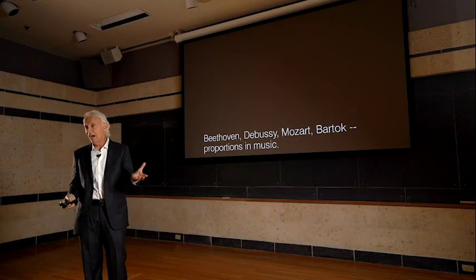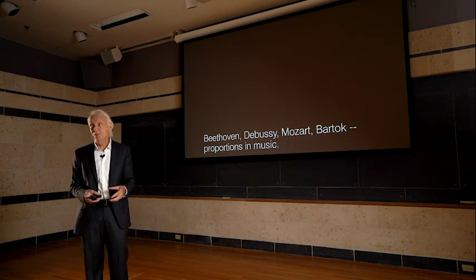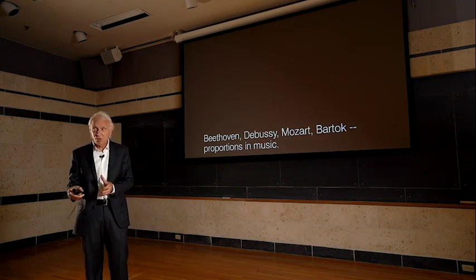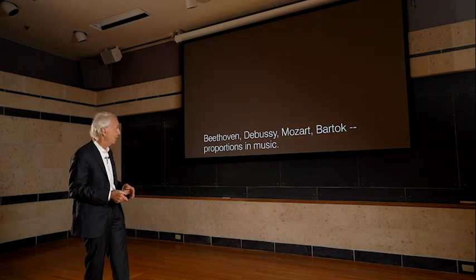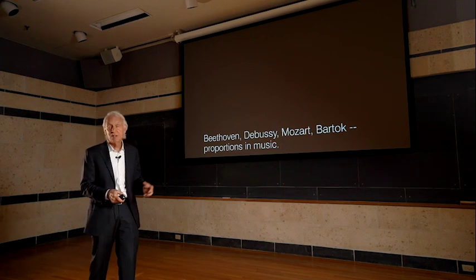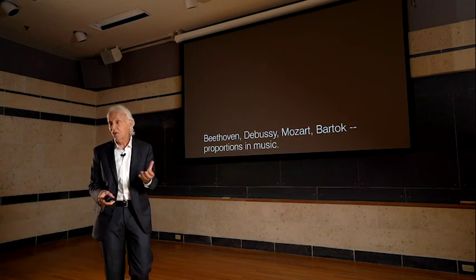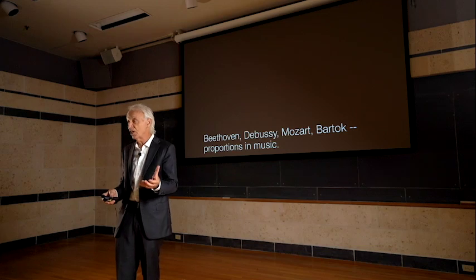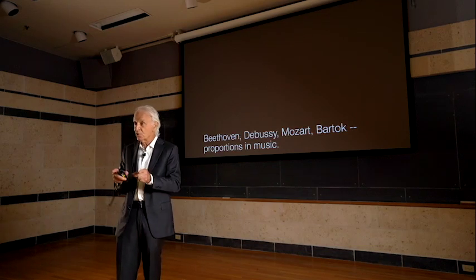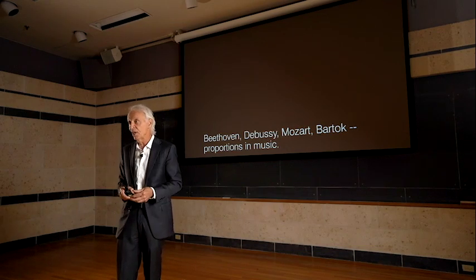Now, that got to be very prominent in a number of different disciplines. This golden ratio has been used by musicians like Beethoven, Debussy, Mozart, Bartók in their compositions. Most Mozart sonatas are based on proportions that relate to the golden section.